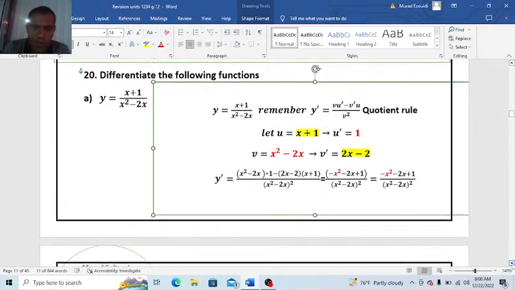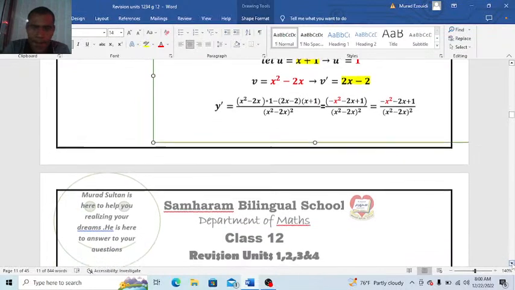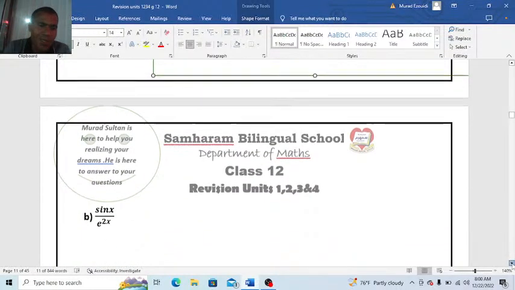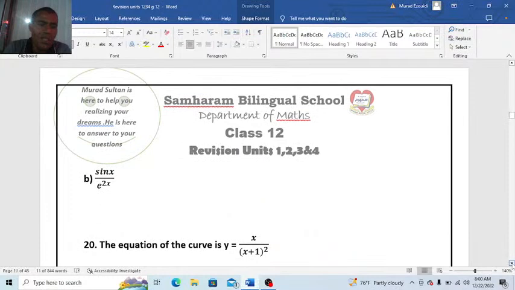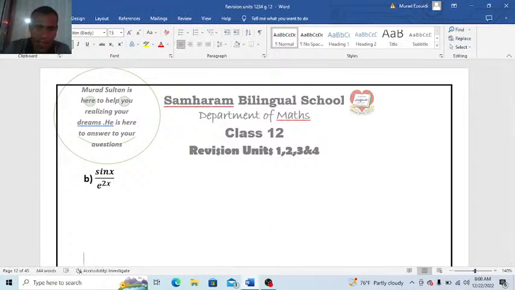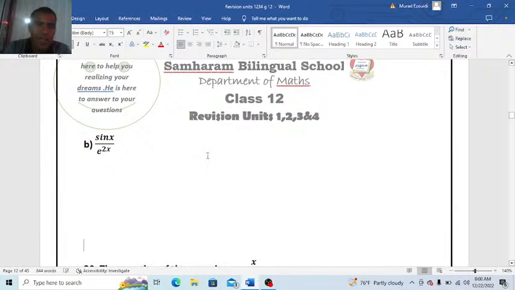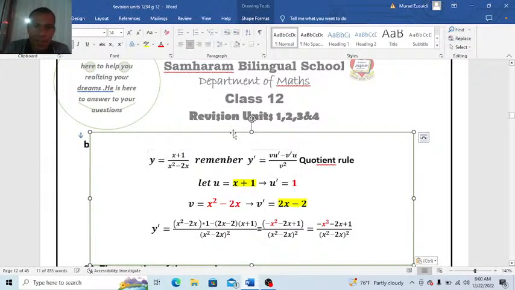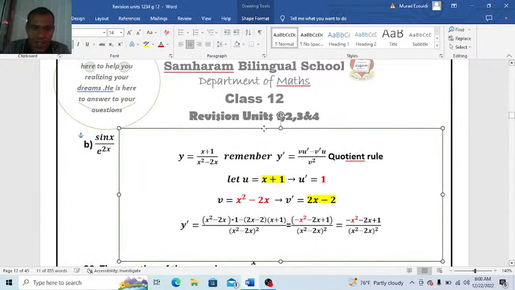What is small b, learners? You can see that small b is sine x over exponential of 2x. So I will just paste it here. Therefore, learners, to solve this question it's the same.